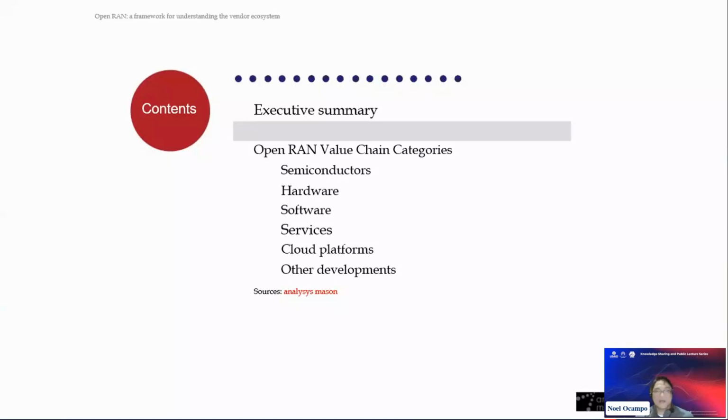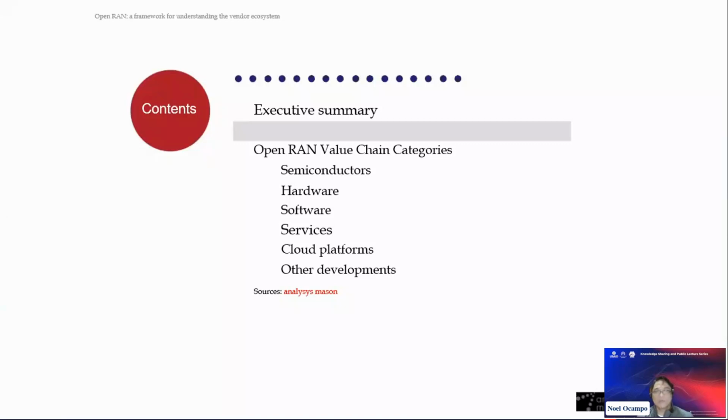So it was discussed that for the value chain categories, especially when Mr. Palaga was discussing it, it's about semiconductors, hardware, software, services, cloud platforms, and other developments.